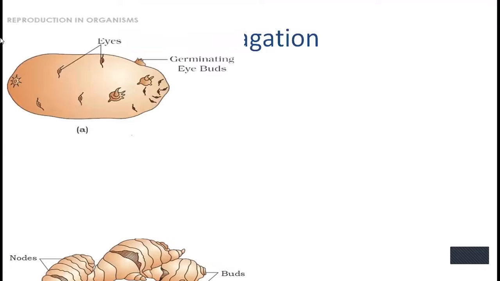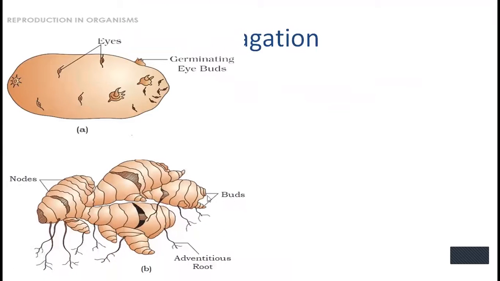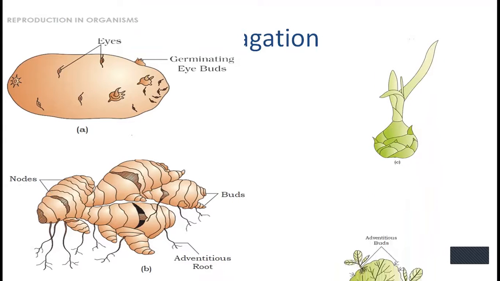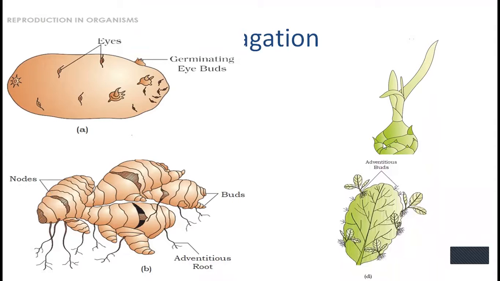So you can see these are the eyes in the potato. Tuber is used, and just see, this is an adventitious root coming from this bud. These are two nodes. In between these two nodes is the rhizome, through which new roots arise. And you can see this is the adventitious bud in Bryophyllum, and this is an onion.